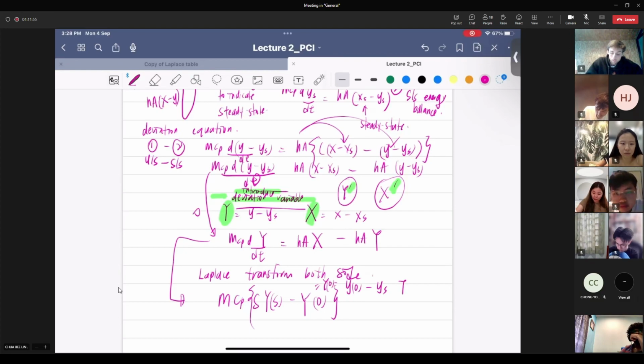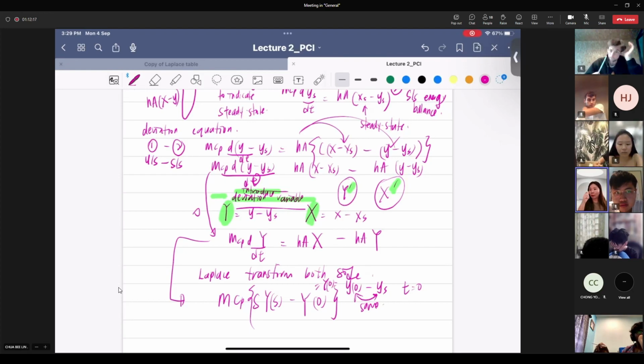At time equals to 0, these two values will be the same. That's why, as one of the slides says, the transfer function solution is easier, because the initial condition will make these two the same. It is because at time equals to 0, the temperature of the thermometer follows the steady state value. No time to change yet.